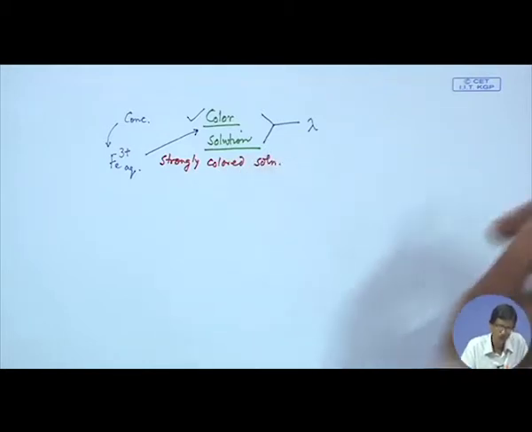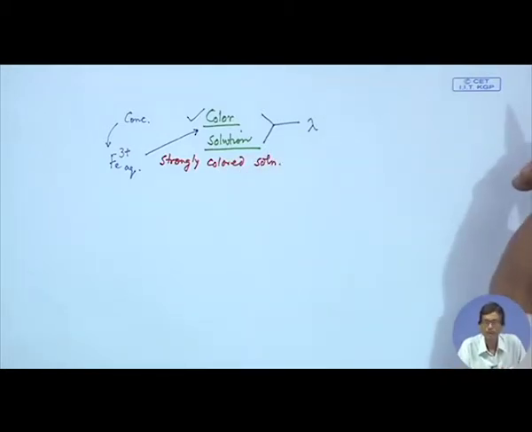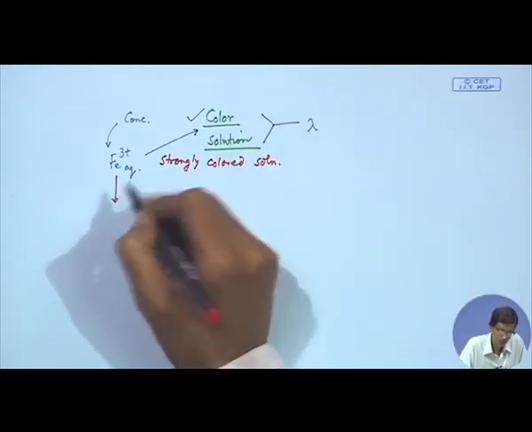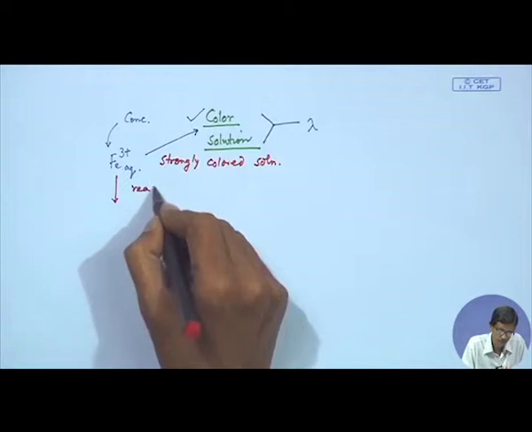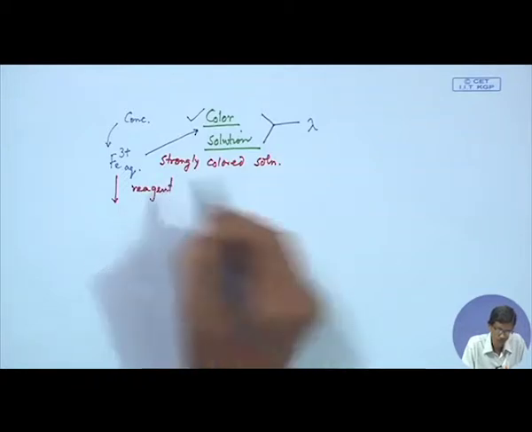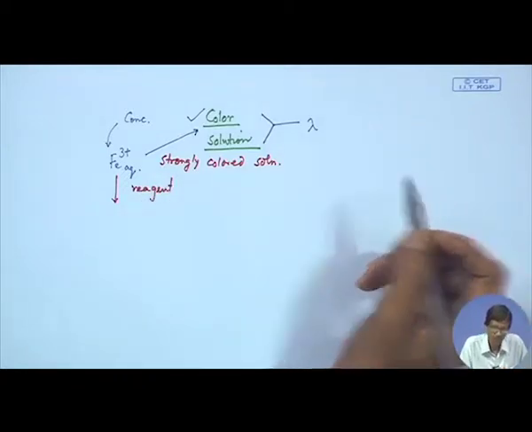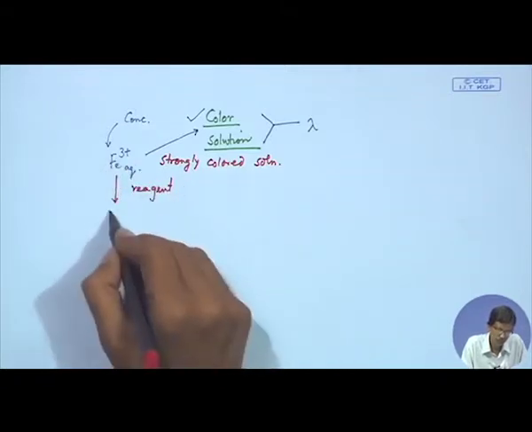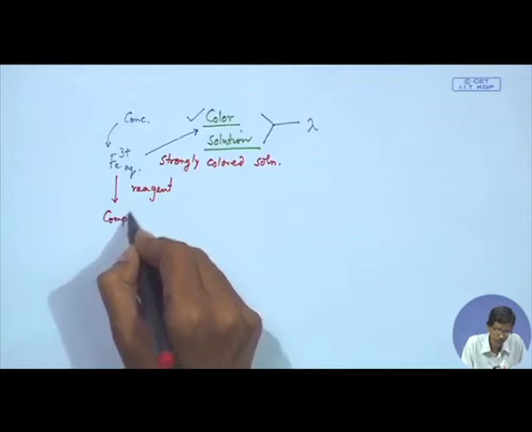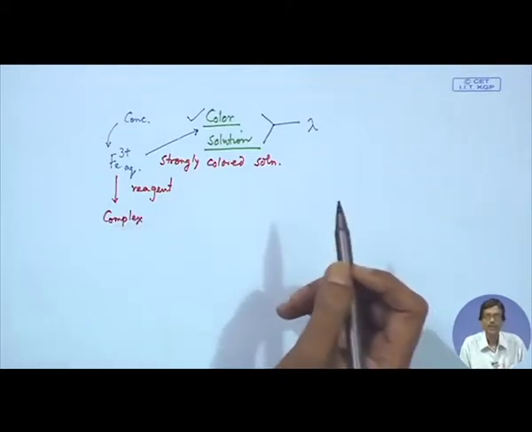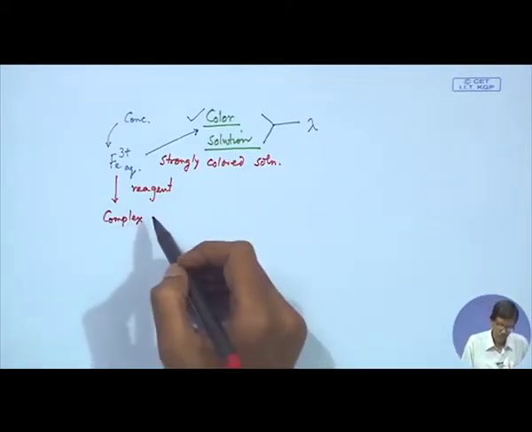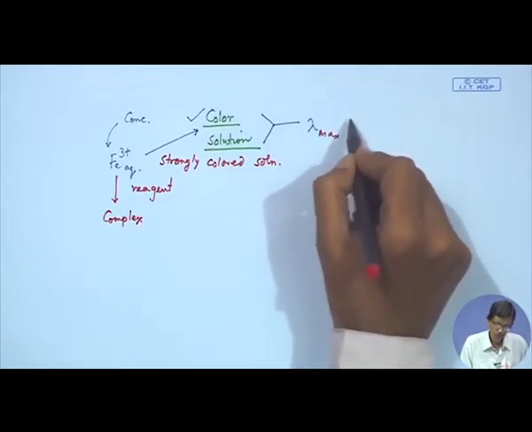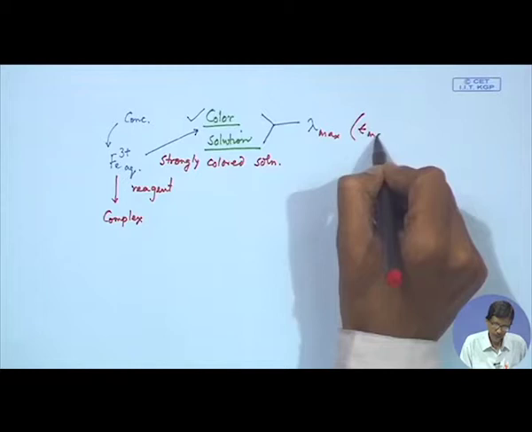We have to use some reagent, and that reagent gives rise to a metal ion complex, which is strongly colored, and we get a new lambda max value having a characteristic E max value.